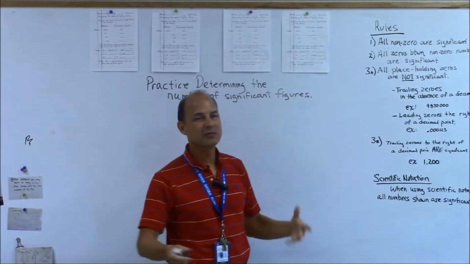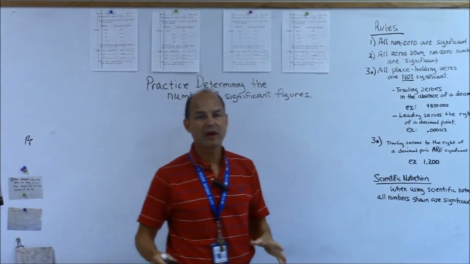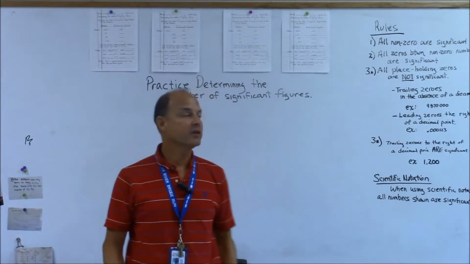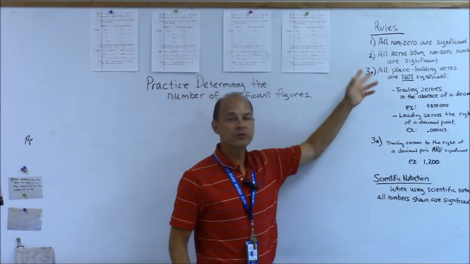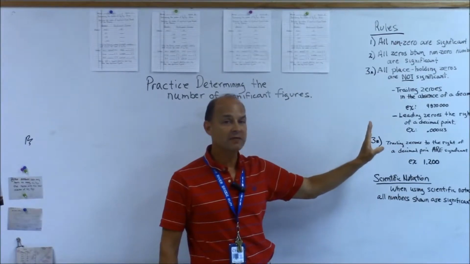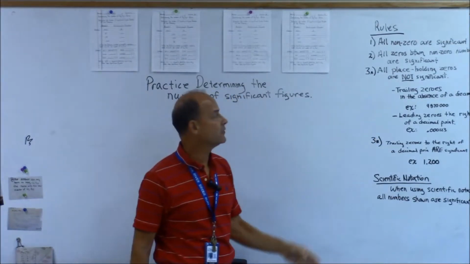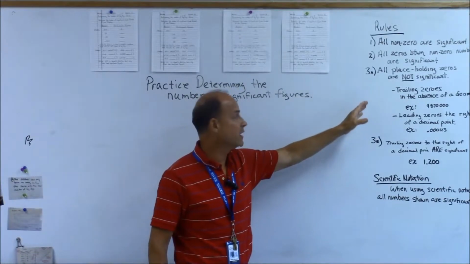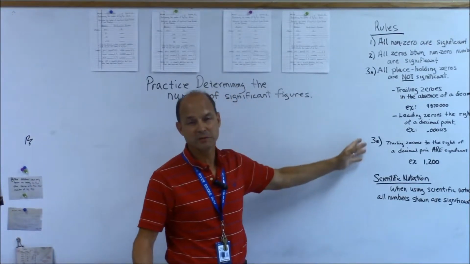I get some questions about rule number 3 because it's kind of hard to understand, since it's all-encompassing. If you go out on the internet and Google rules for significant figures, you may get 3, 4, or 5 different rules. I've looked at them all and basically, the lists of rules that are longer than 3 are just rule number 3 expanded upon.